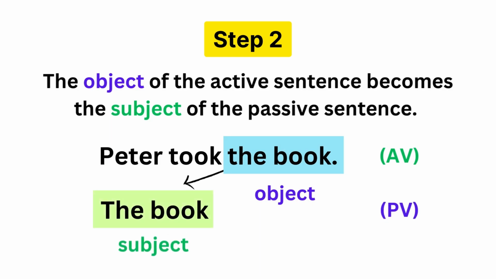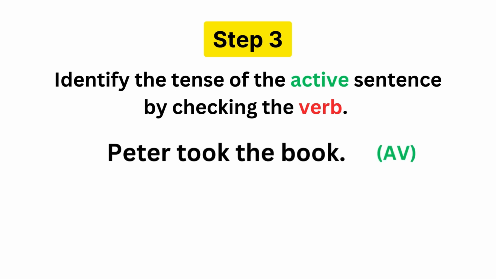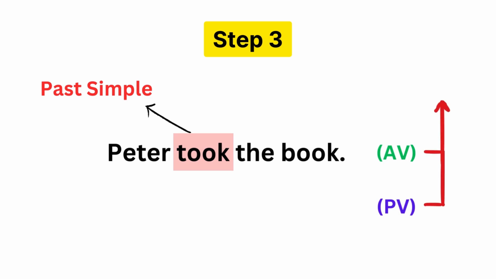Step 3. Identify the tense of the active sentence by checking the verb. This is essential to know that the tense form doesn't change from active to passive sentence. It means both active and passive sentences should be in the same tense.